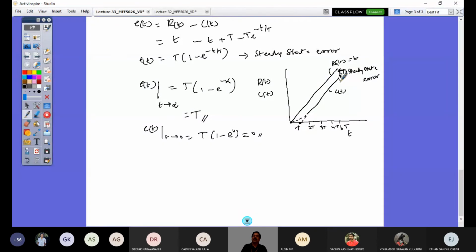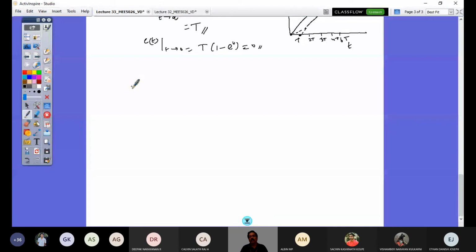It is having a difference of t, the time step value. So this is how you are going to look at your response for this. So the third response, in place of input, if I put the direct delta function, what am I going to get? So case 3.